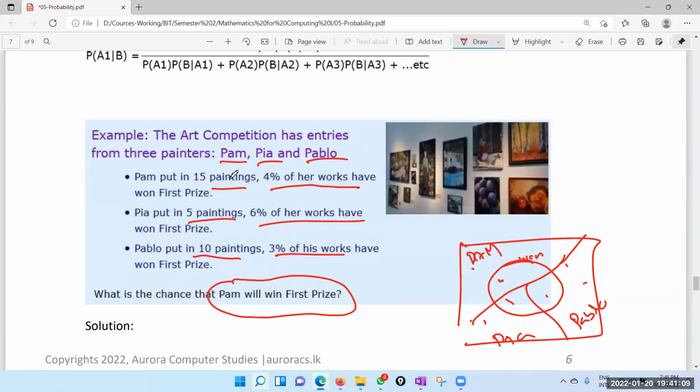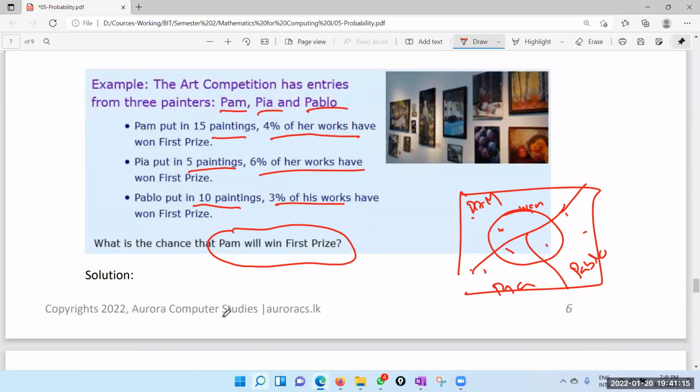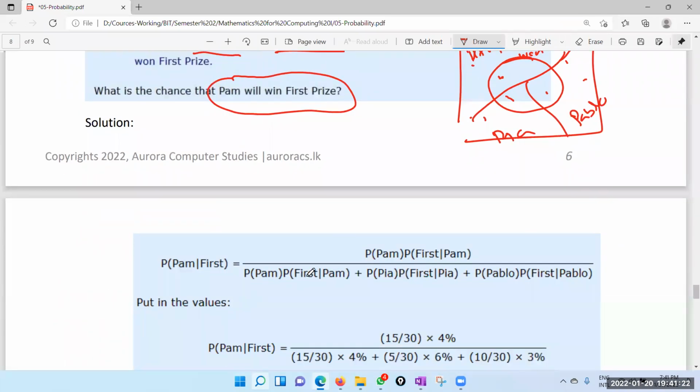What is the chance that Pam will win first prize? That means that if a first prize has been awarded, the chance that it went to Pam is what is asked. Given first prize, what is the probability that it belongs to Pam?